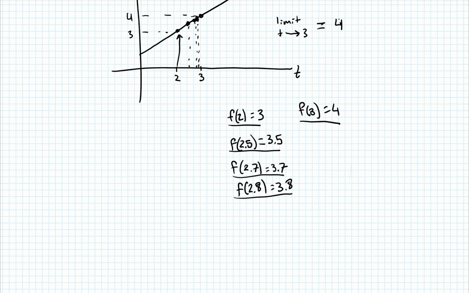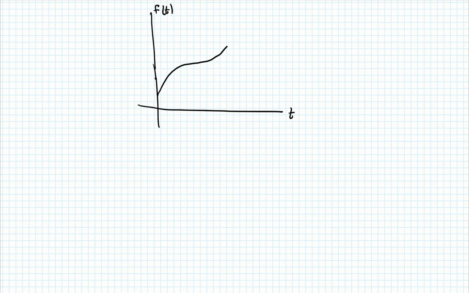An example where this might be useful is a function that is discontinuous. Brief reminder, and we'll talk about this in more detail: a discontinuous function is a function that maybe has a hole in it, for example. So a hole means that at that point, either the function isn't defined or it's defined as something that's not on the same place as the graph.